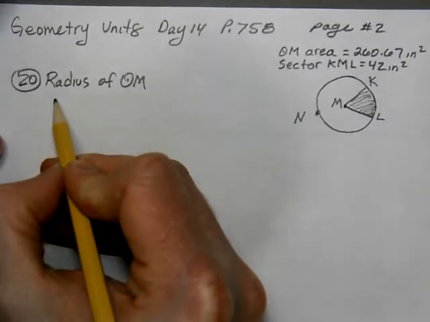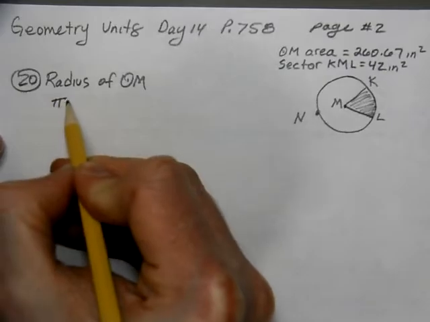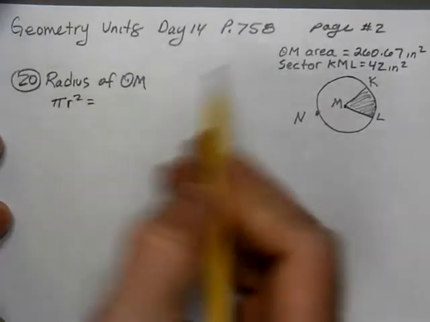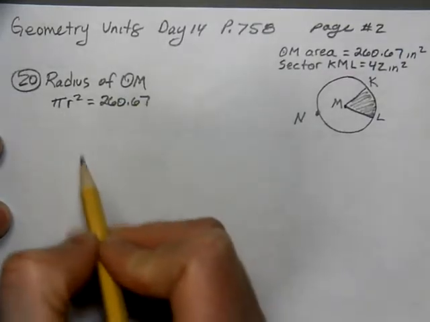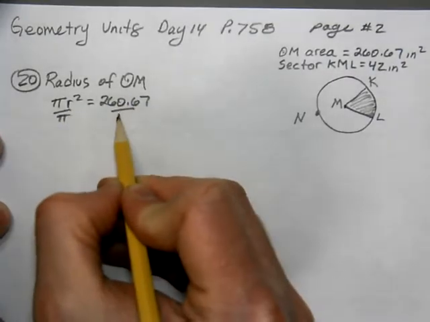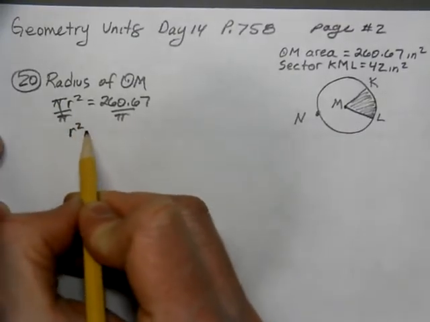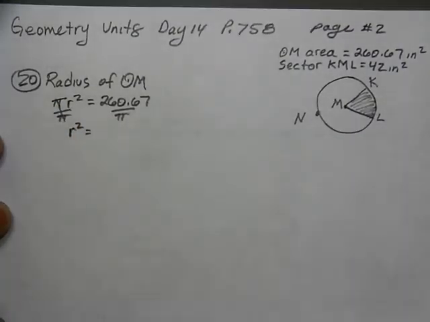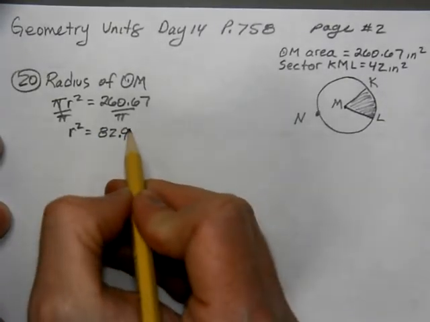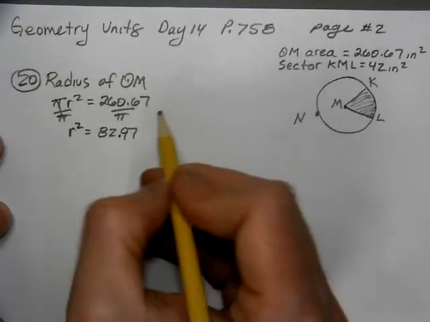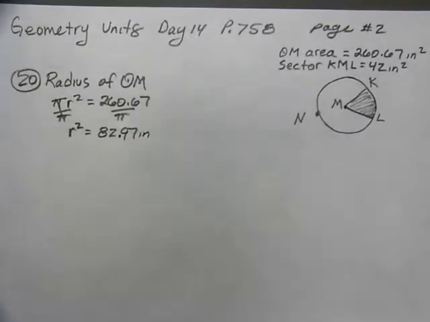Well, I know that pi r squared is the area of the circle, and I know the circle is 260.67. So if we divide by pi, I know that r squared is going to be 82.97, and those are inches because that's a measurement, that's a length.